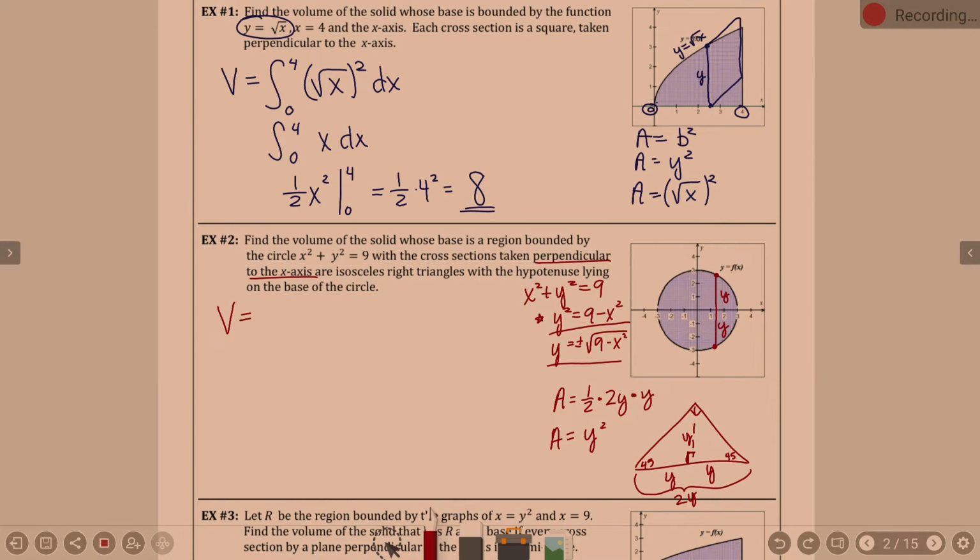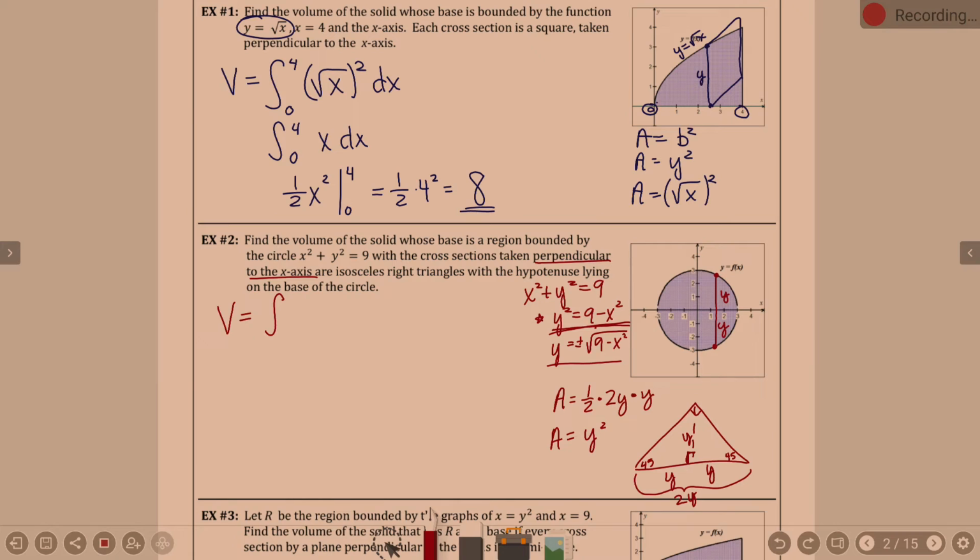The volume. Okay. We're integrating area. So my area is y squared. What am I using for y squared? 9 minus x squared. Or you can say it's the square root of 9 minus x squared squared.